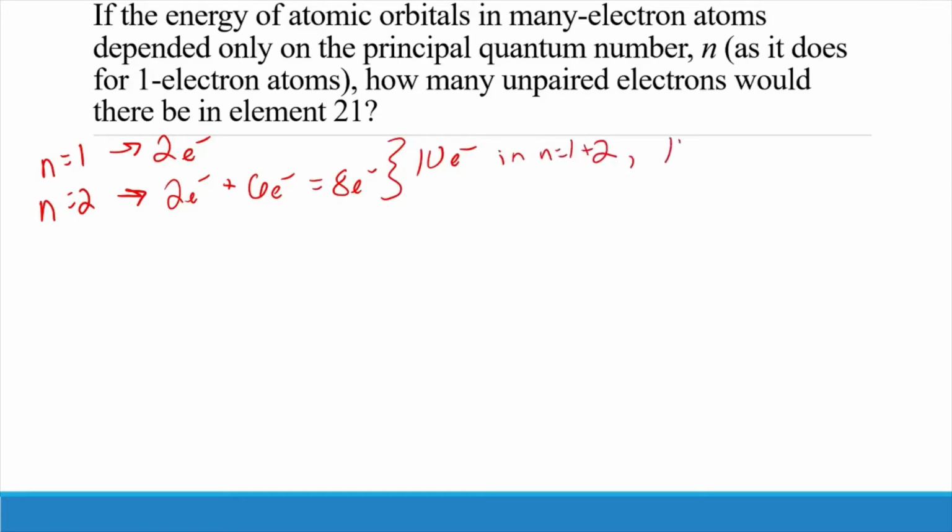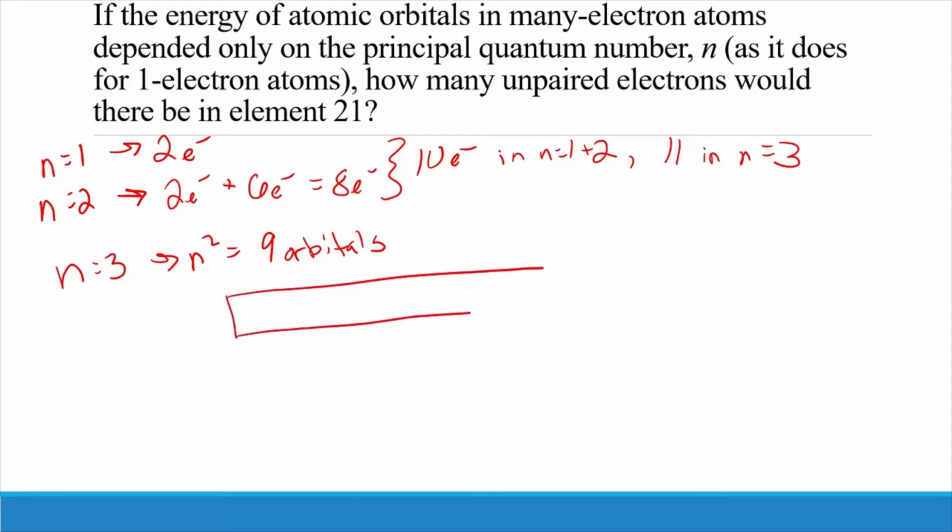So that means 11 must be in n equals 3. So since this is n equals 3, then n squared tells us that we have 9 orbitals. So we're assuming these orbitals are degenerate and every single one has the same energy. So not like the s, p, and d orbitals. We are just assuming all 9 of them are the same.